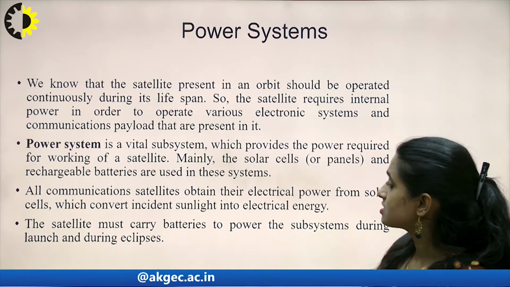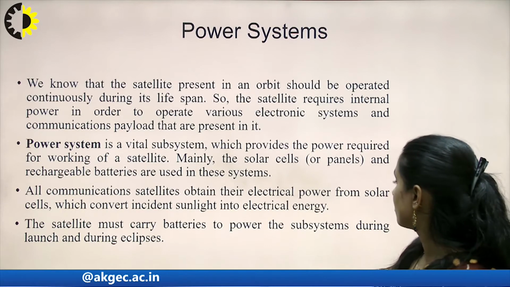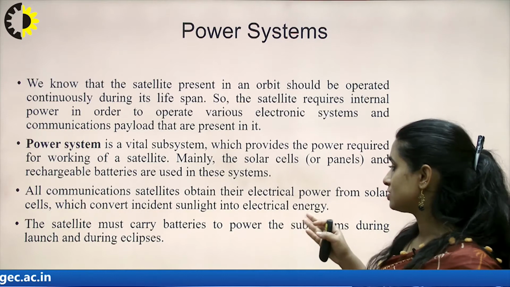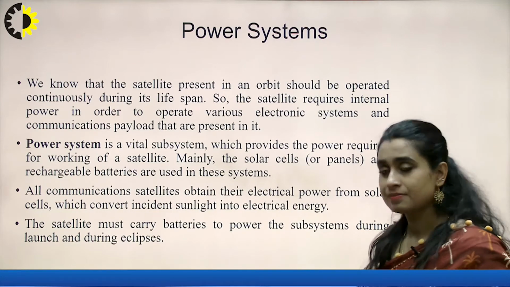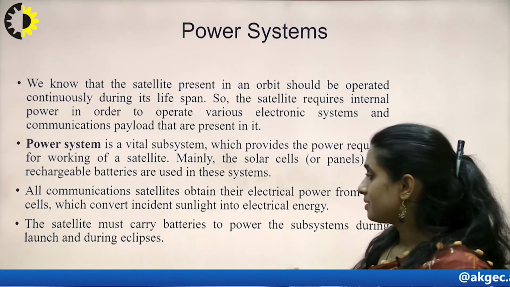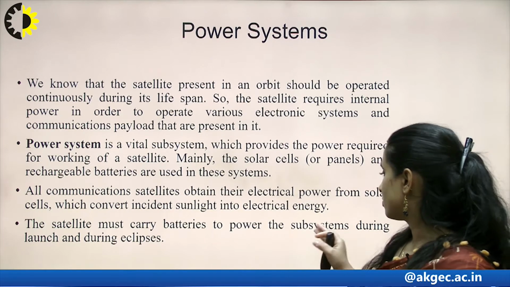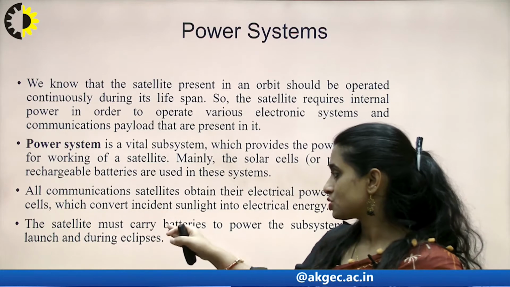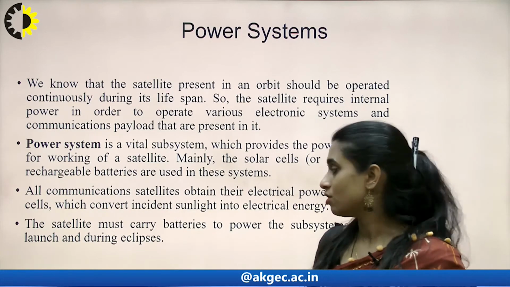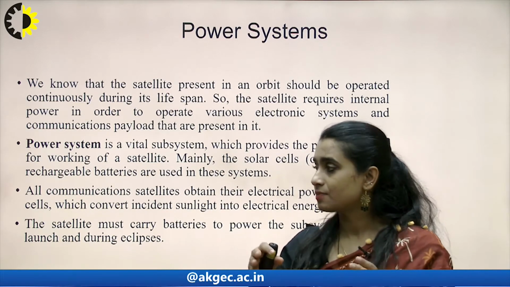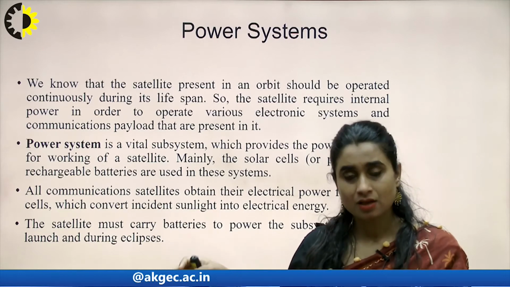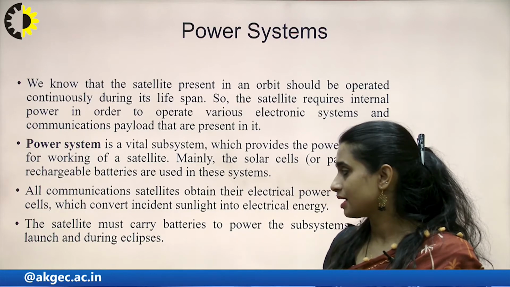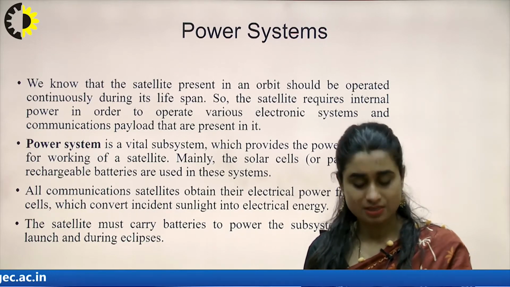All communication satellites obtain their electrical power from solar cells which convert incident sunlight into electrical energy, right? The satellite must carry batteries to power the subsystems during launch and during eclipses. So here comes the role of batteries as well. So it must have solar panels for continuous supply, and for emergency situations it must have some batteries within it, right?